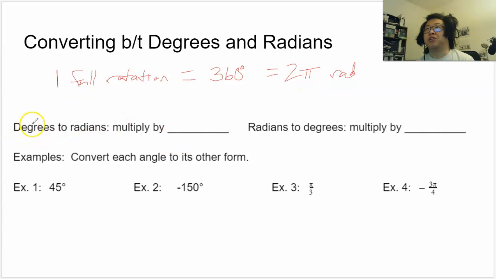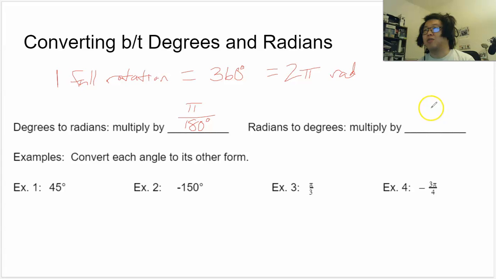So if you want to convert degrees to radians, we're going to be using this relationship, 360 degrees to 2 pi radians. You want to translate all your degrees to radians. You simply have to multiply by pi over 180 degrees. That's the conversion to go into radians, given that you start with a degree number.